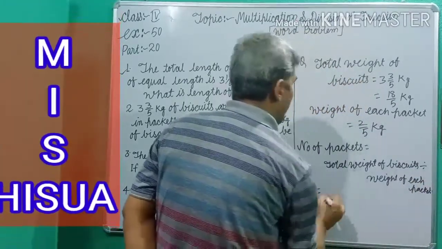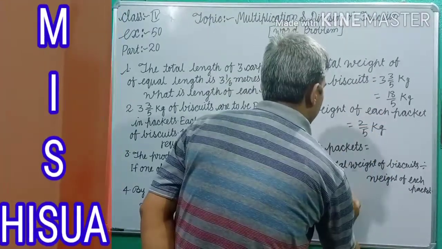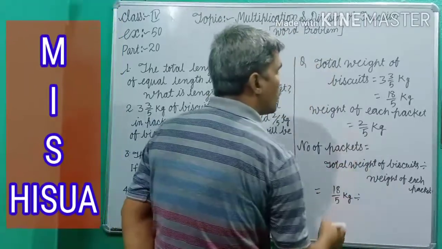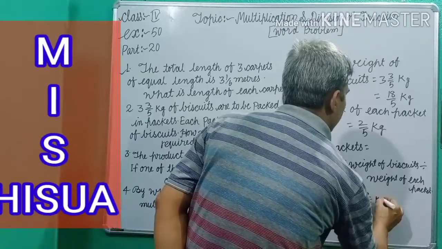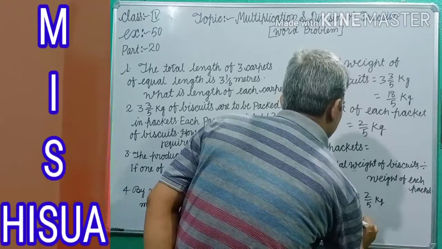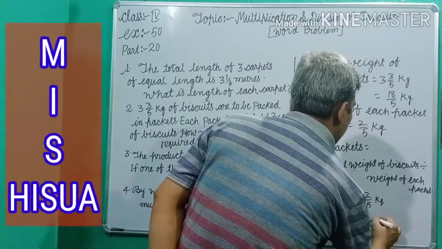Now, dear students, weight of biscuits 18 by 5 kg, divided by weight of each packet 2 by 5 kg. Now, similarly, 18 by 5 kg multiplied by 5 by 2 kg.